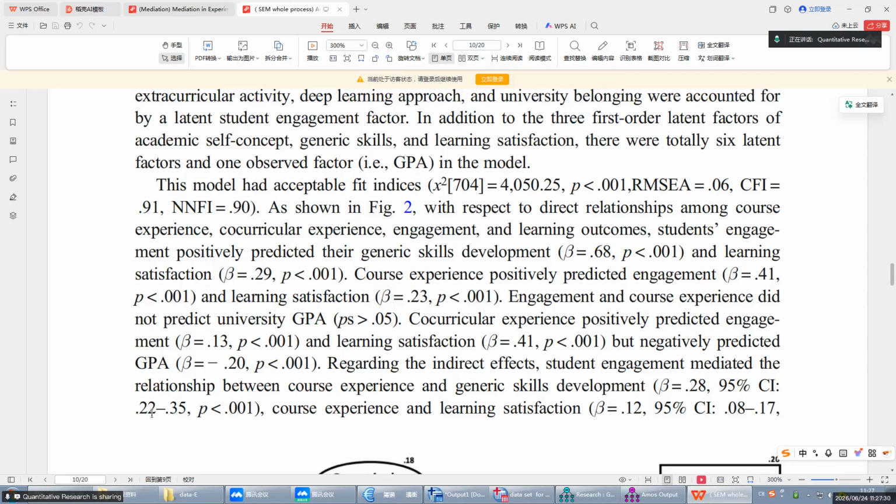If you can find theoretical support and empirical support, it's easy for you to convince others. But if you cannot find such support from prior studies, then you need to try to explain why there might be a mediation. It's going to be harder, but it's still possible. You have to ask others to believe what you say.